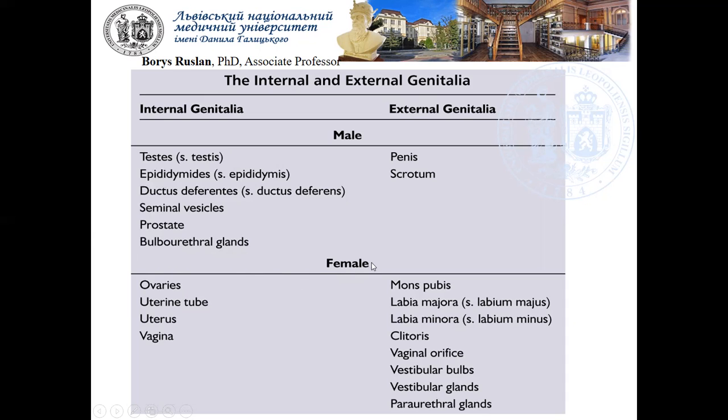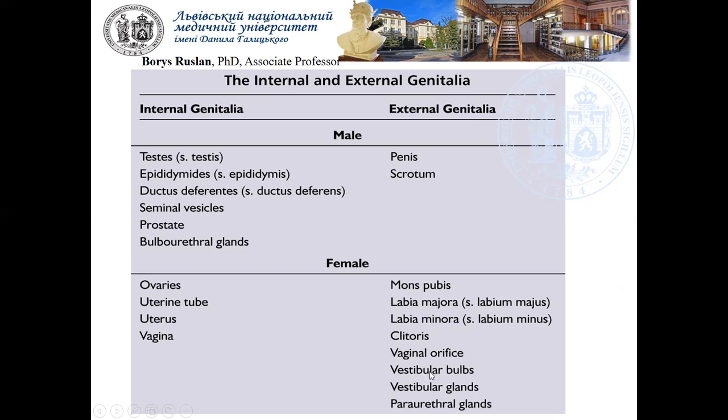So what about the female body? Female external will be mons pubis, labia majora, labia minora, clitoris, the center of sexual feeling, right?